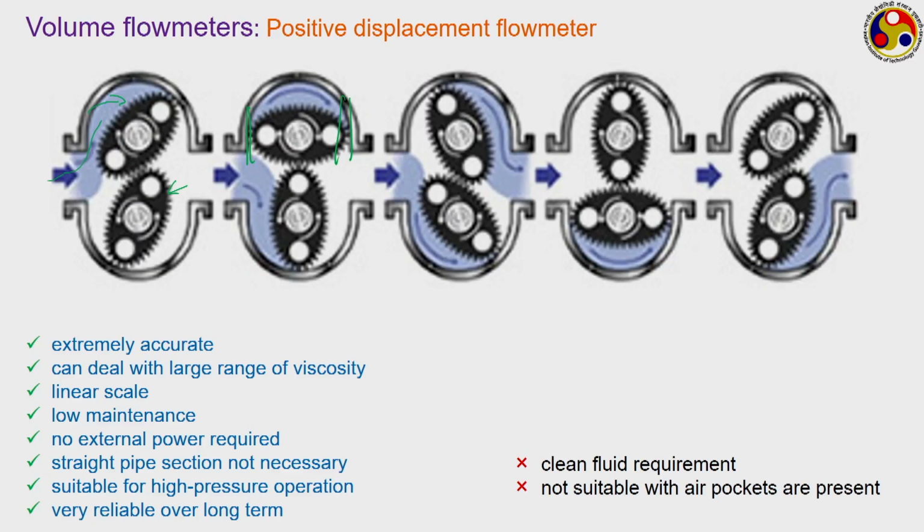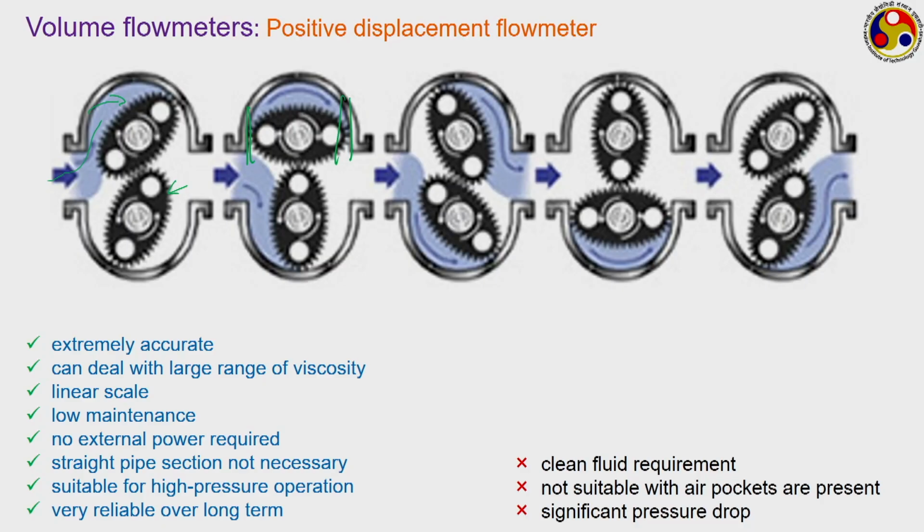So, we need clean fluid. Not suitable when air pockets are present, because air pockets will give an erroneous reading of the volume. Actual volume will be less than the volume corresponding to each component itself, and there can be significant pressure drop in the flow.